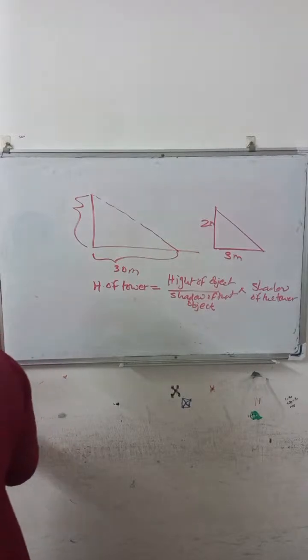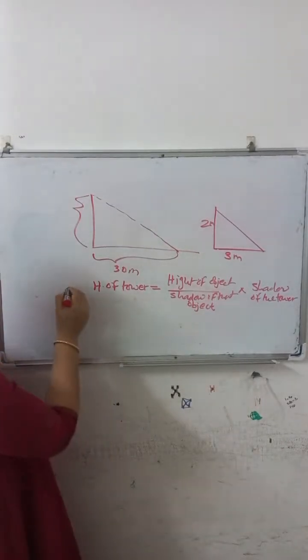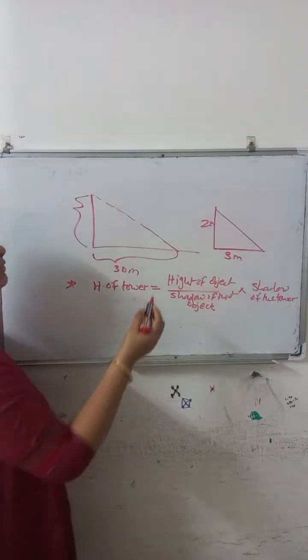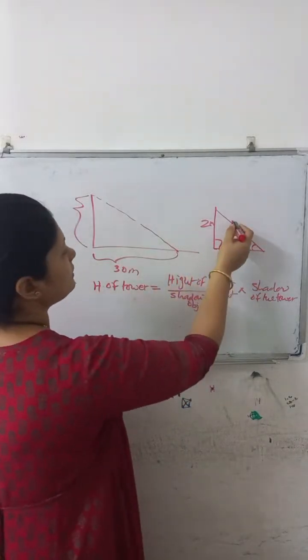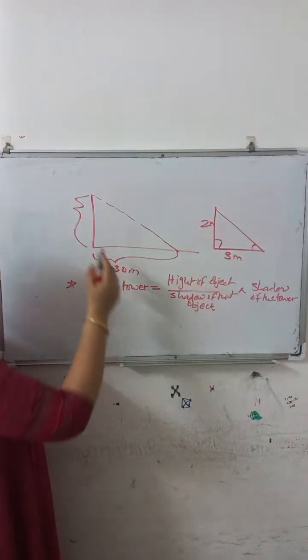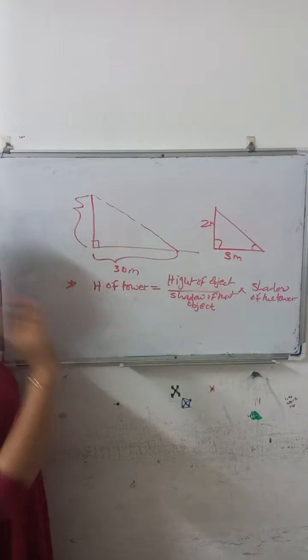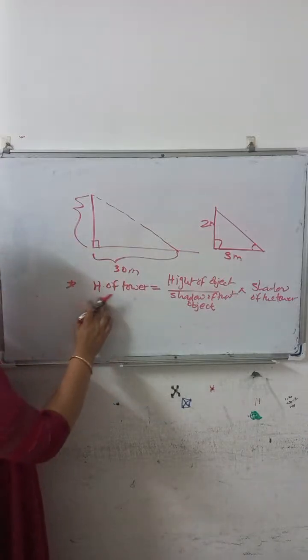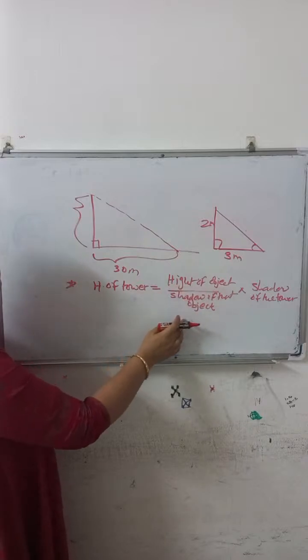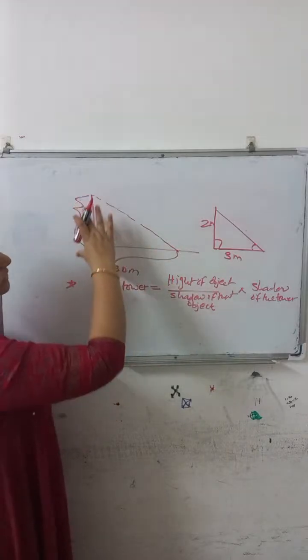So always remember this formula. This is very important. Whenever this kind of question comes, no need to apply values, then find the hypotenuse, and again show the similarity, which is a long process.